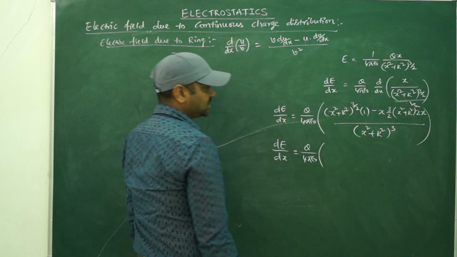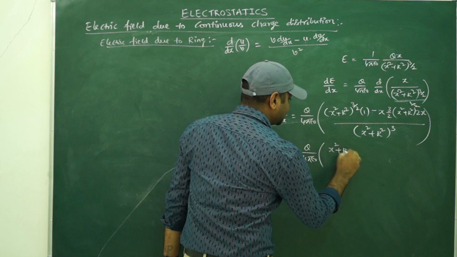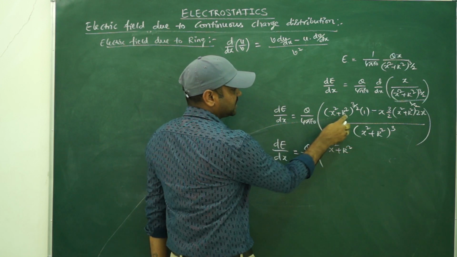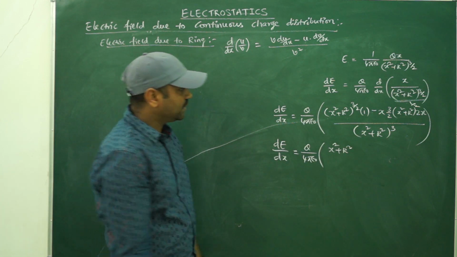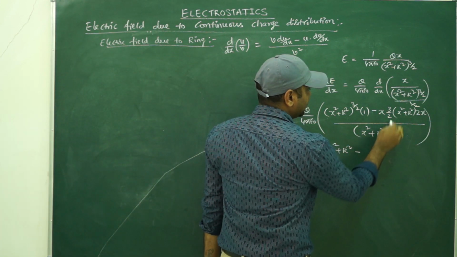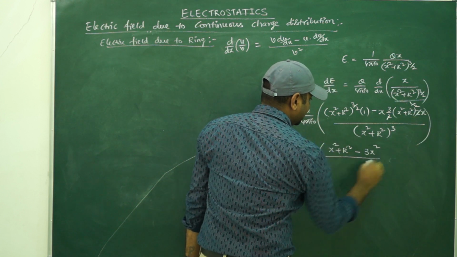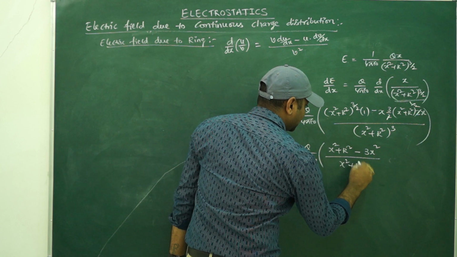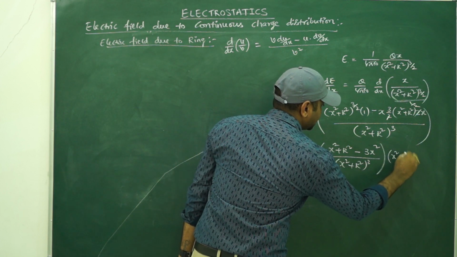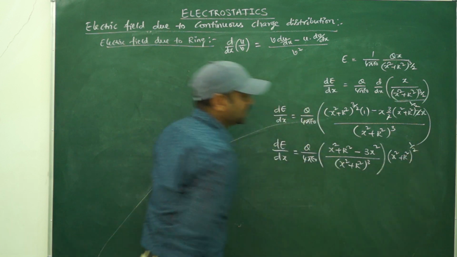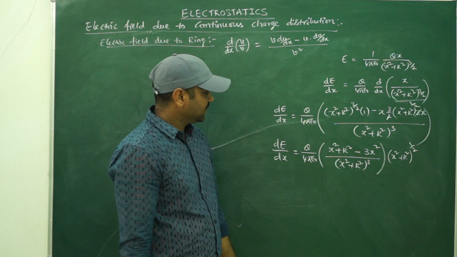So I can take (x square plus r square) raised to 1 by 2 common. Then the minus of this 2 and 2 cancel out. You will get 3x square by (x square plus r square) whole cube multiplied with (x square plus r square) raised to 1 by 2. From the numerator I have taken (x square plus r square) raised to 1 by 2 common.